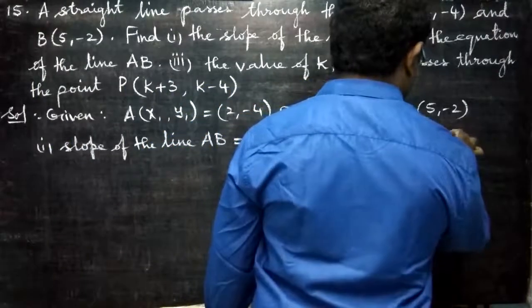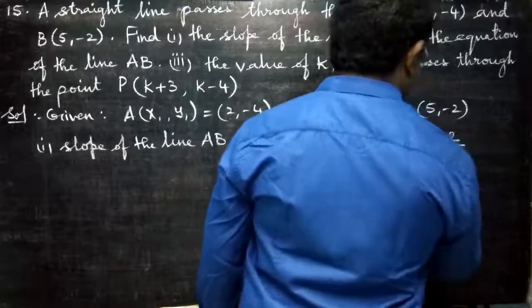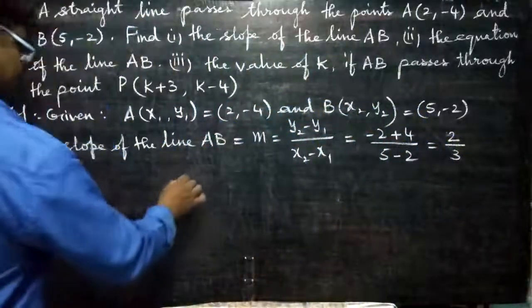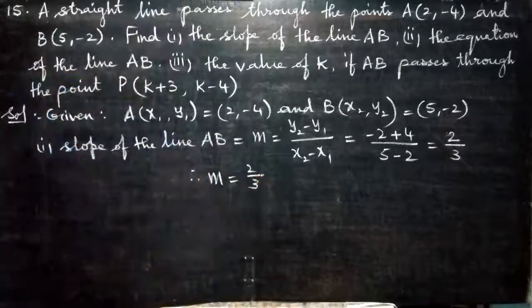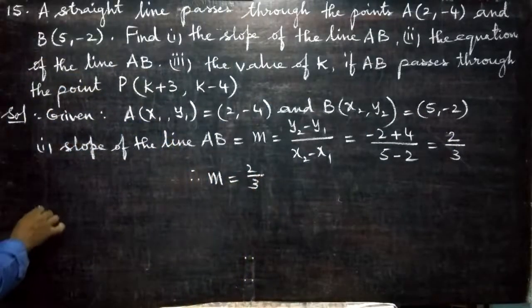So how much did we get for slope? 2 by 3. Therefore, M is equal to 2 by 3. So first bit completed.